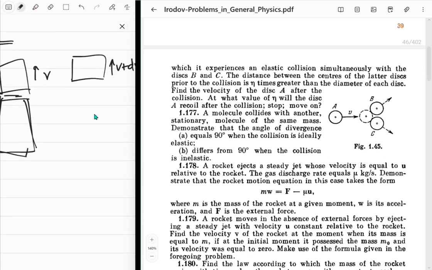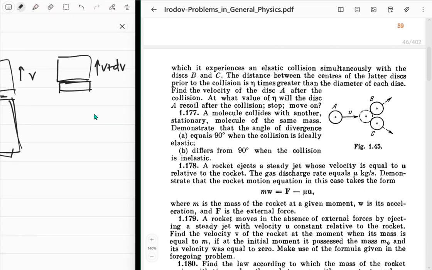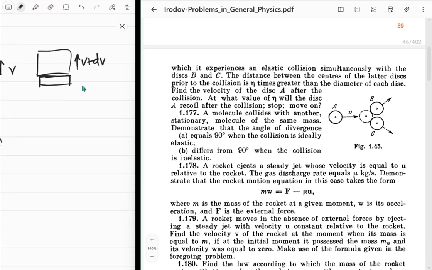But the gas ejected during dt, you ejected some gas over here, and I get that this velocity was changing, but let's ignore that. So what velocity does this have now? Actually, maybe we should not ignore that. What do you think?